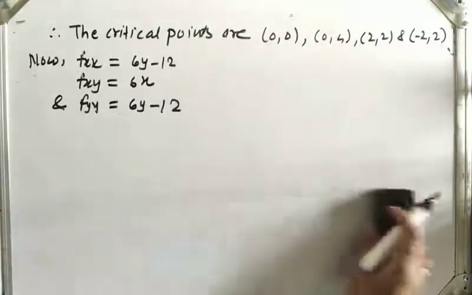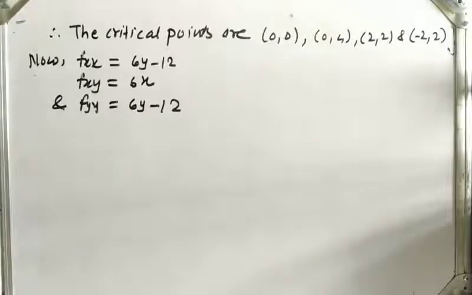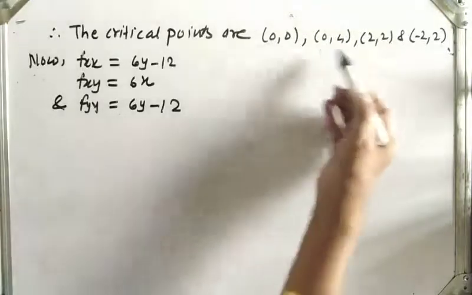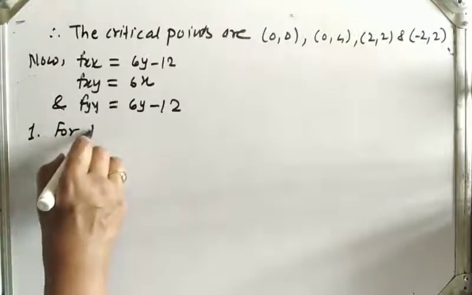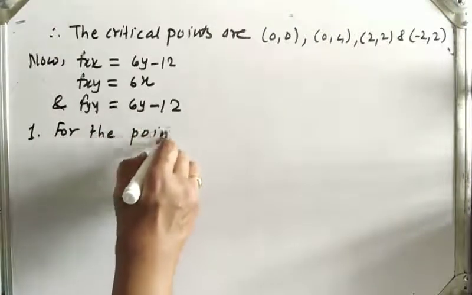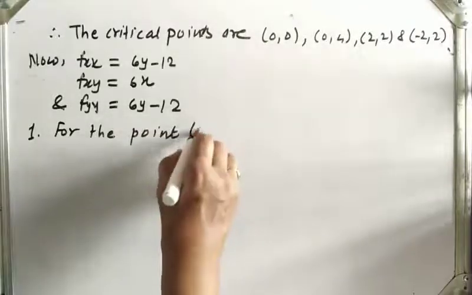Now let us find out the values of a, b, c, d for these 4 critical points. First, let us take the critical point 0 0.